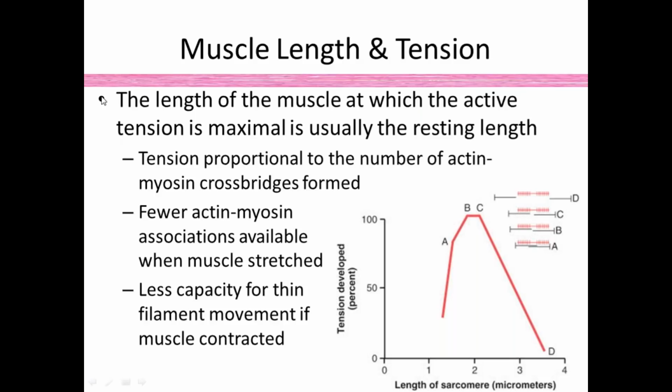For skeletal muscles, this explains why if you overstretch your muscle or maybe tear it, you start to see weakness. Where we see this model clinically relevant and quite important is with the heart.